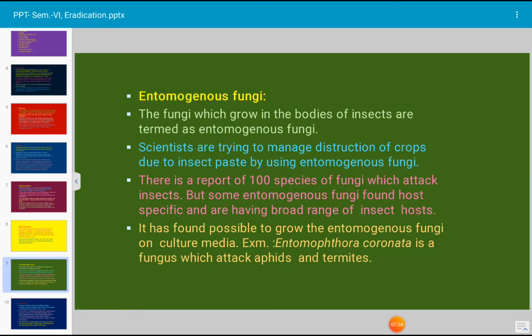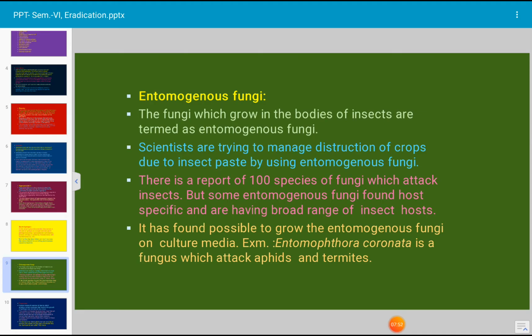Next, entomogenous fungi. These entomogenous fungi are also used to manage the disease. It is one of the methods of eradication of the pathogen. The fungi which grow in the bodies of insects are termed as entomogenous fungi. Scientists are trying to manage destruction of crops due to insect pests by using entomogenous fungi.